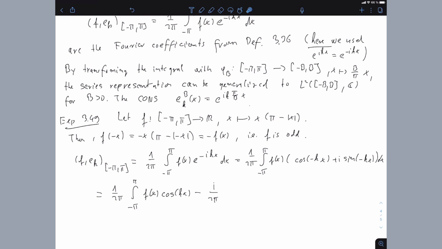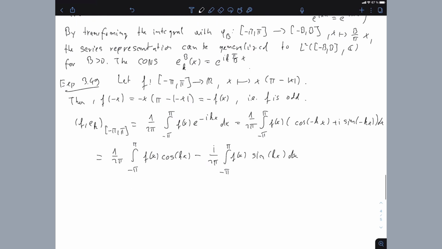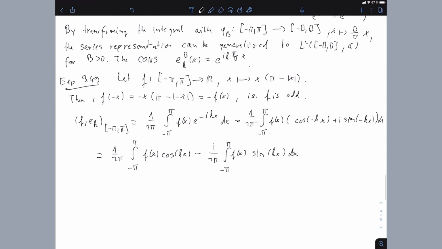Sine is odd, like f is. So here we have the integral from minus pi to pi of f of x sine kx. And I mentioned that this is odd. So what is this?